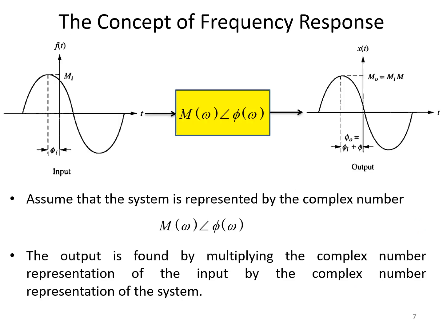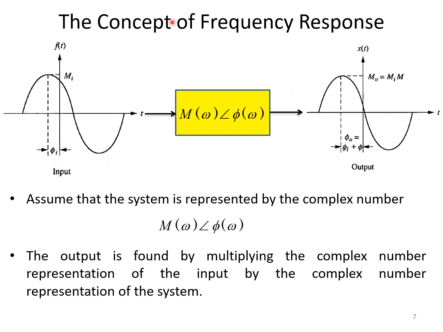Assuming that the system is represented by a complex number, we can have the magnitude value as m of omega and the phase value as phi of omega. So the output is found by multiplying the complex number representation of the input by the complex number representation of the system.